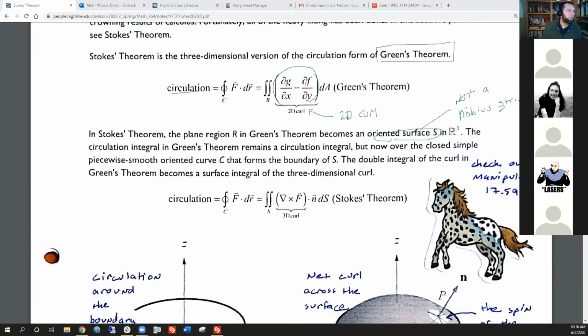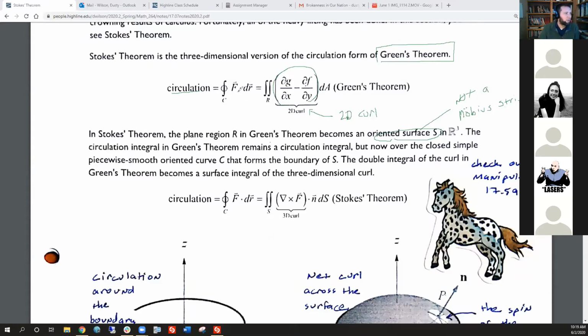So anyway, the plane region R in Green's theorem becomes an oriented surface, aka not a Mobius strip. The circulation integral in Green's theorem remains a circulation integral, but now over the simple, closed, piecewise smooth, oriented curve C that forms the boundary of S. The double integral of the curl in Green's theorem becomes a surface integral of the three-dimensional curl.